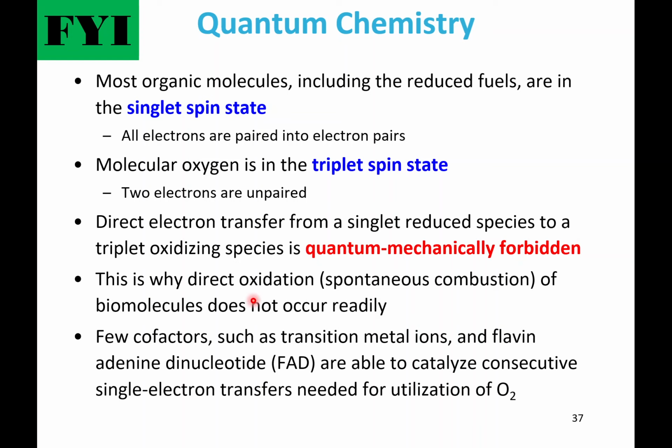And so that's why direct oxidation, the spontaneous combustion of these fuels, biomolecules, doesn't occur readily. So few cofactors, such as transition metal ions and flavin cofactors, are able to catalyze the consecutive single electron transfers needed for O2 to be used as the ultimate electron acceptor.